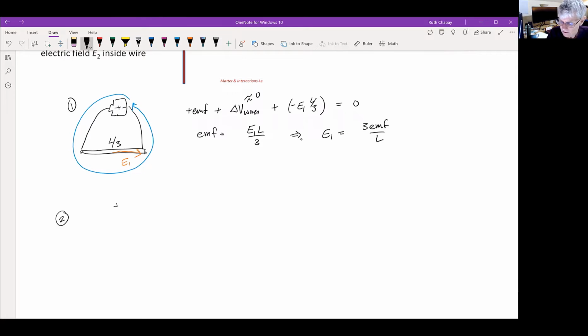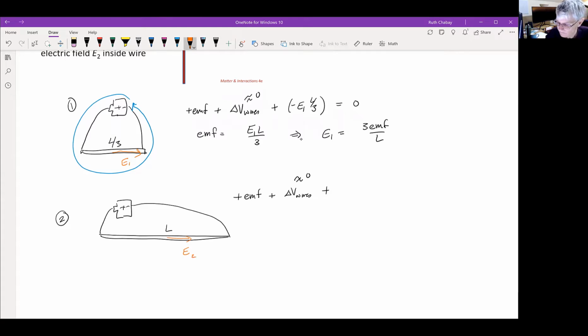In circuit 2, we have a wire that's got length L, so we've got an EMF plus the potential difference across the wires, which is essentially negligible, plus now we're going to call this electric field E2. So we have minus E2 L equals 0.